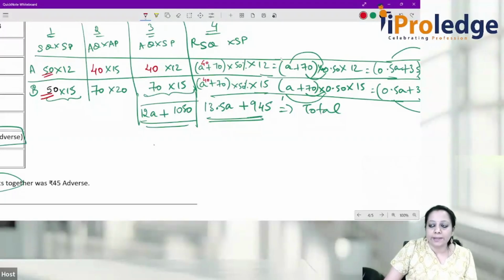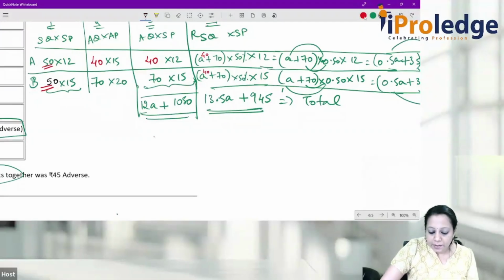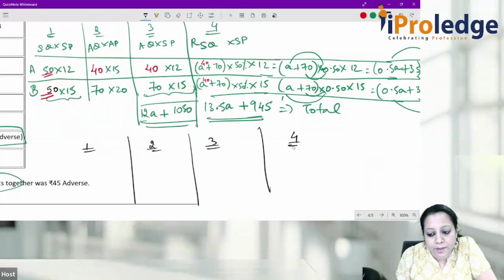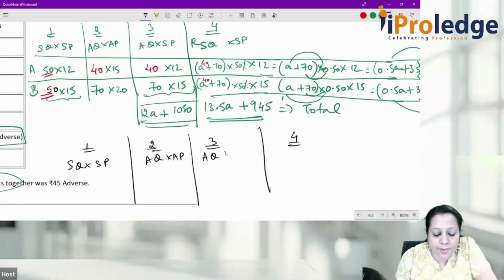Now we have to find out all the other variances. Let us see how to do. So 1, 2, 3, 4. Once again, I'm writing to avoid confusions. So SQ into SP, AQ into AP, AQ into SP, RSQ into SP.